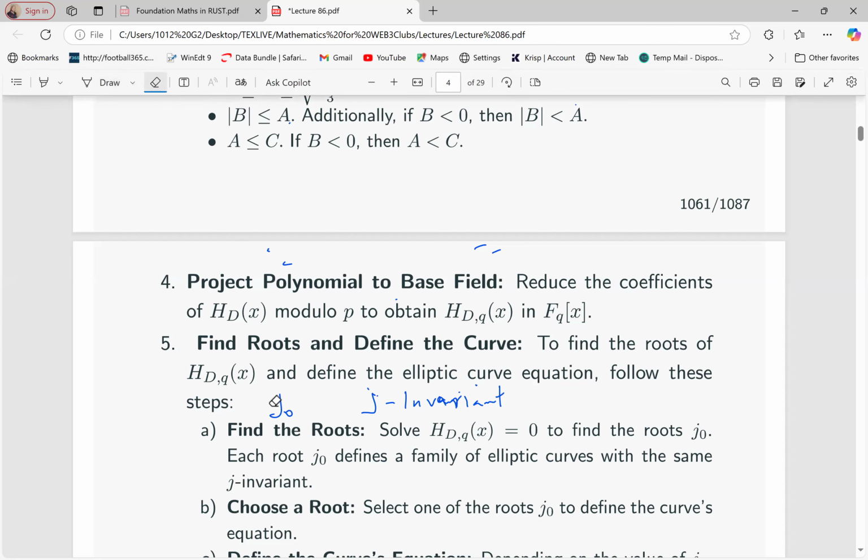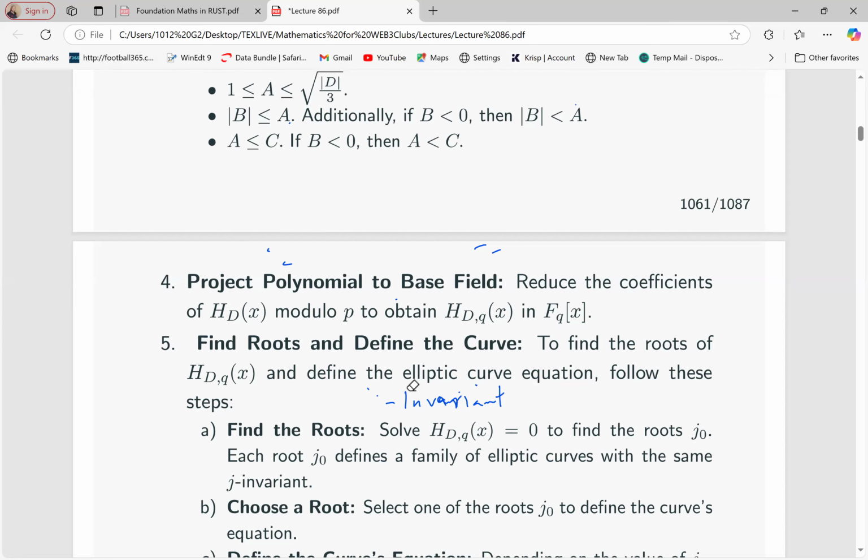Those are the roots. In some cases, it will just be one value. In other cases, more than one value. And we shall look at examples of both cases, where it is one value, and another example where it's more than one value.